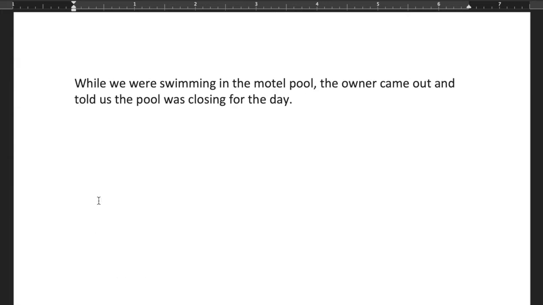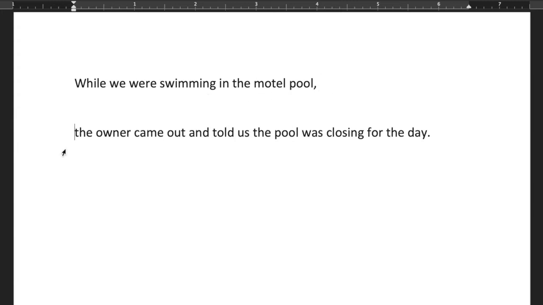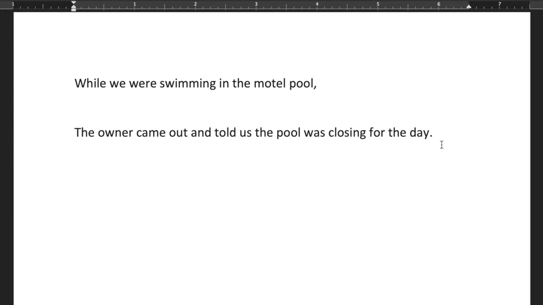I wrote this already, and I'll bring it up. Let me get rid of that sentence. Okay. While we were swimming in the motel pool, comma, the owner came out and told us the pool was closing for the day. So notice, if this second clause was on its own, it works as a complete sentence. The owner came out and told us the pool was closing for the day.